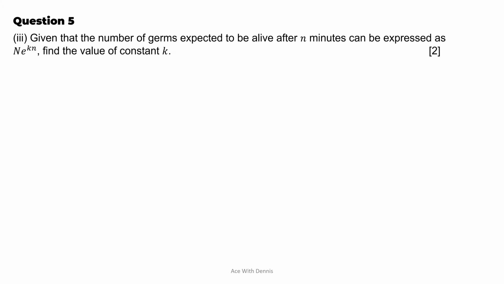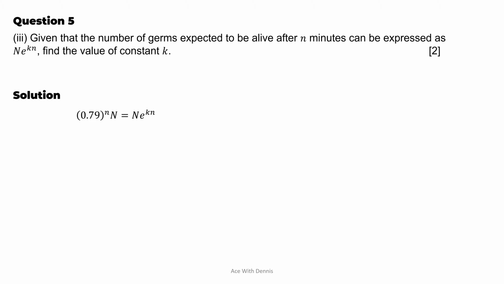Part 3. Given that the number of germs expected to be alive after n minutes can be expressed as capital N e to the power of kn, find the value of constant k, 2 marks. Here's the solution.